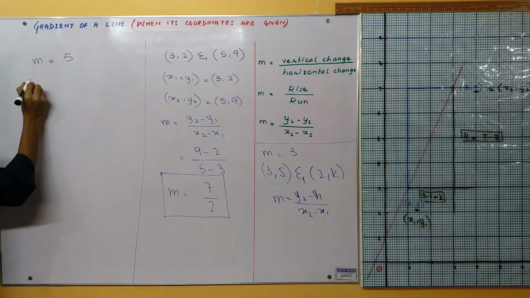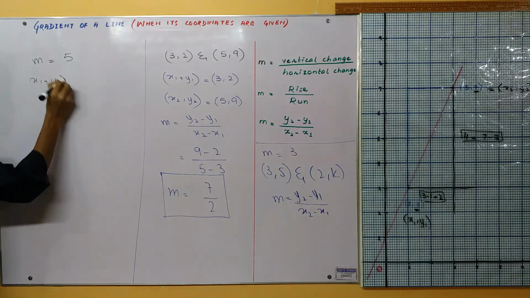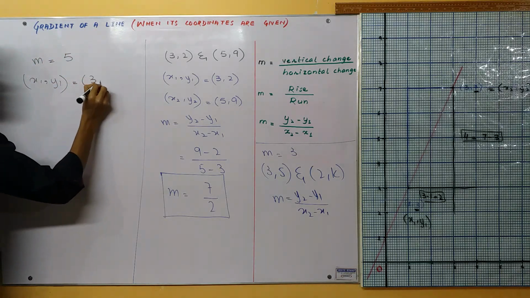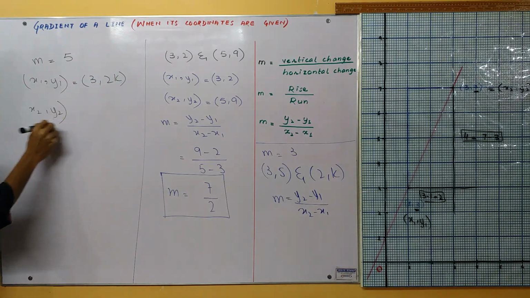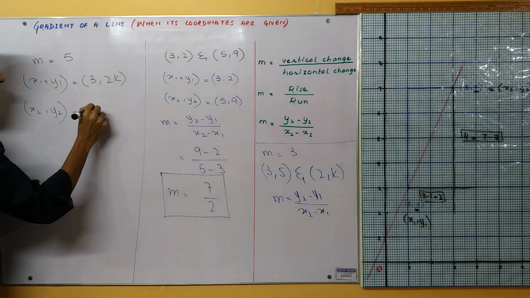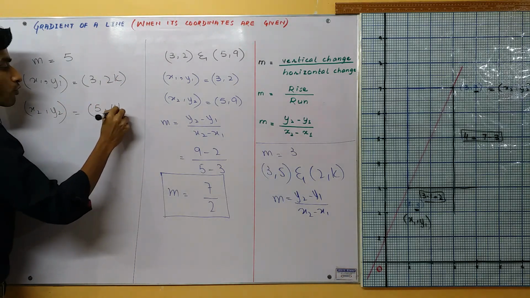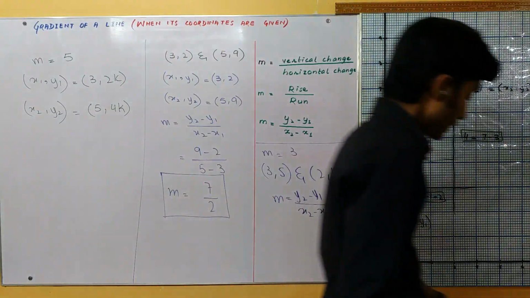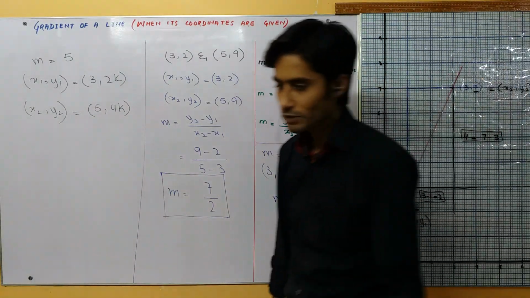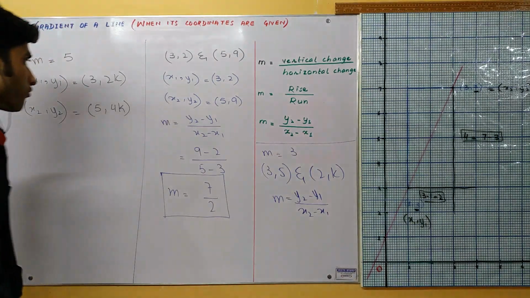There could be one more case. m is given, let's say m is 5. x1 y1 is equal to 3, 2k and x2 y2 is equal to, let's say, 5, 4k or 5, k or whatever. Okay. Now you can see there are 2 components which are unknown, which both are y.